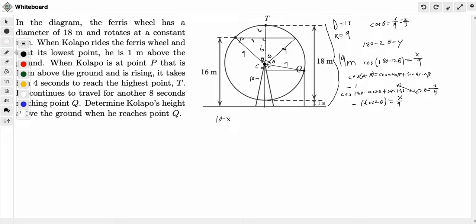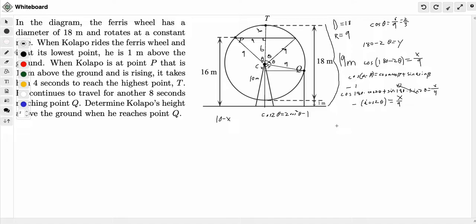And now the second double angle identity that I'm going to use is cosine of 2 theta is also equal to 2 cosine squared theta minus 1.